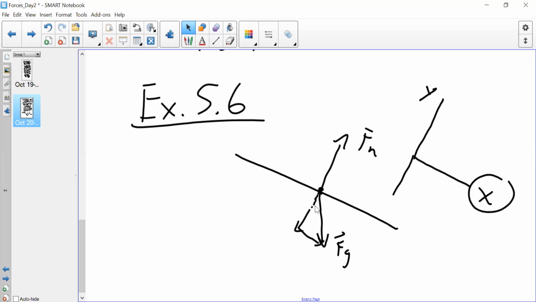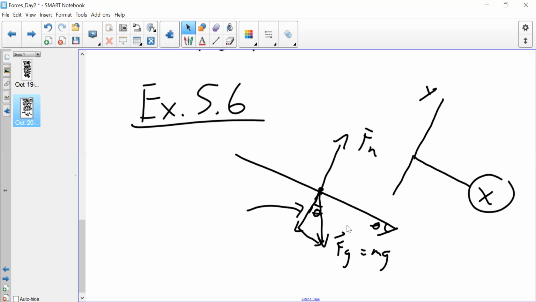By geometry, or you can do a geometric proof on that. One year I did that. This angle is going to be equal to this angle in here. You can do that yourself if you're curious. So FG is equal to mg.